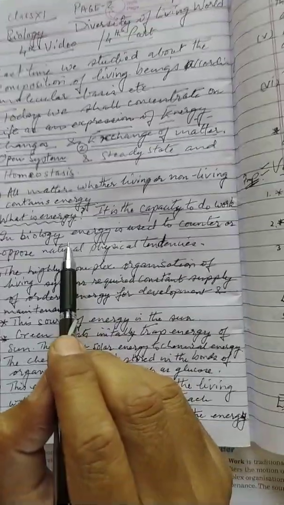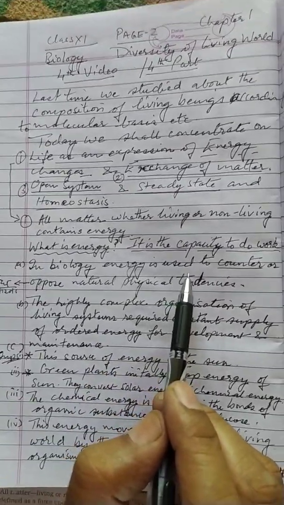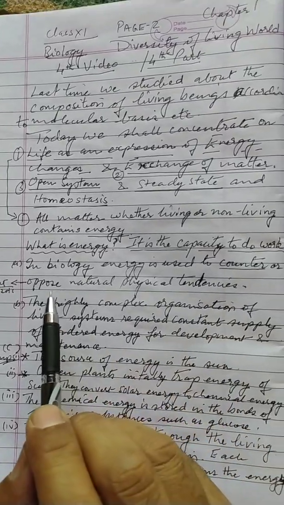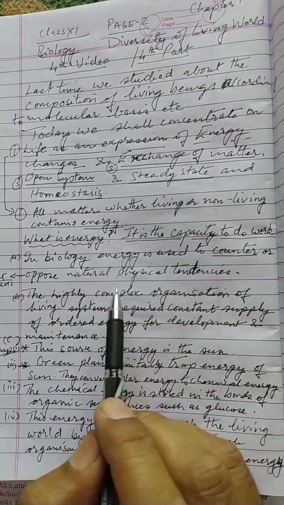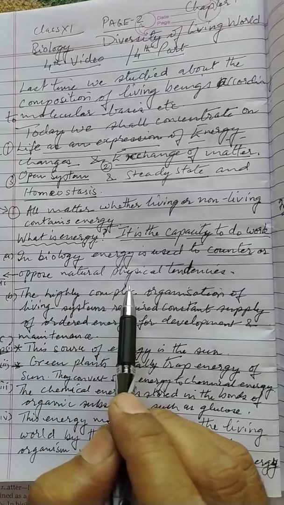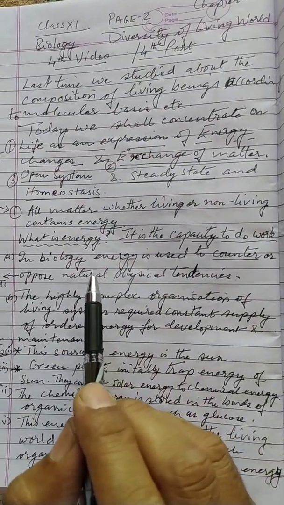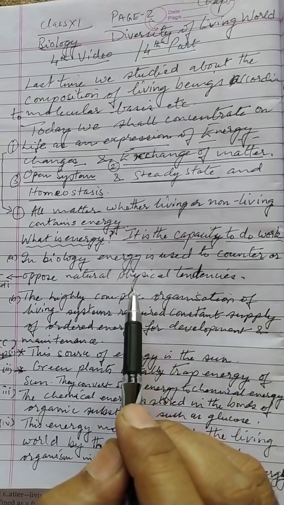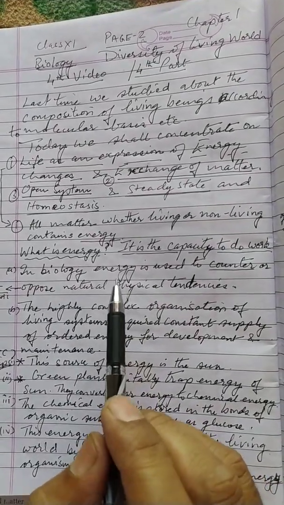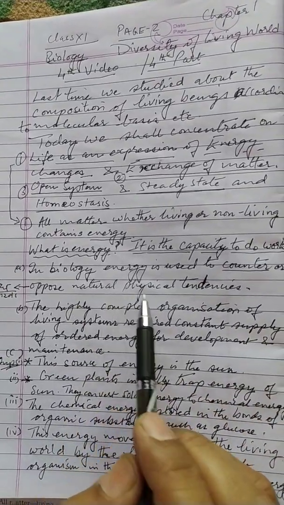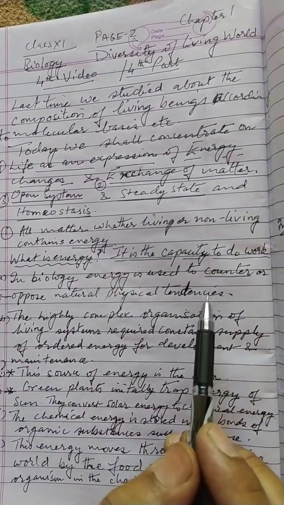Okay, in biology, energy is used to counter, that means it opposes the natural physical obstacles that come in between; biological energy opposes them. So in biology, energy is used to counter or oppose natural physical tendencies.